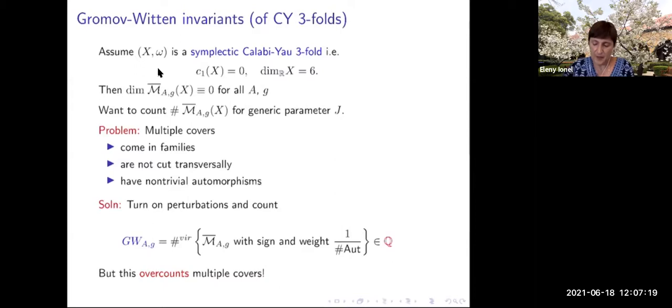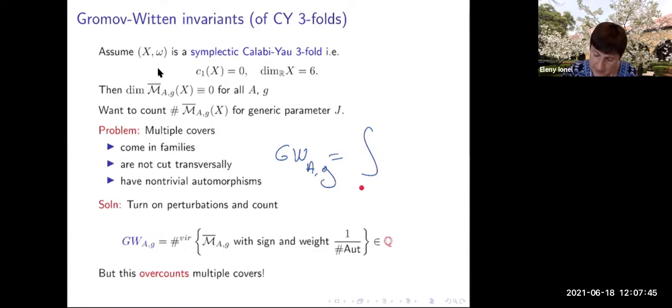Now, maybe a more intrinsic way to do this. I didn't write it on my slide, but a better way that will be convenient to think of during my talk is to define the Gromov-Witten invariant using something called the virtual fundamental cycle. This is a homology class. You can show that this moduli space has what's called the virtual fundamental class, which is a rational Čech homology class.